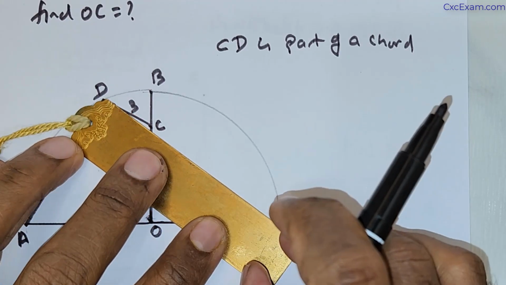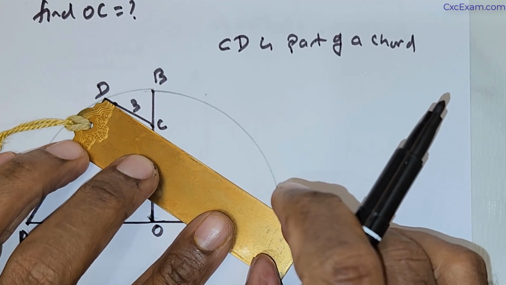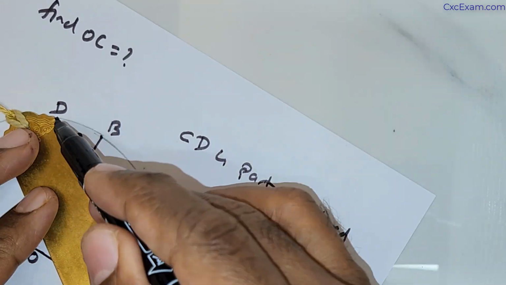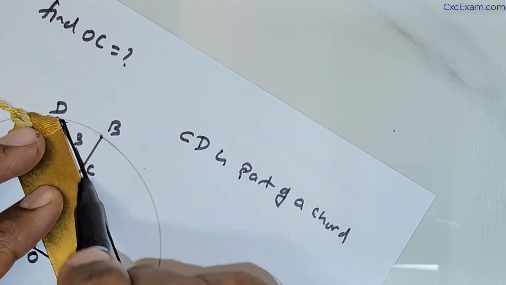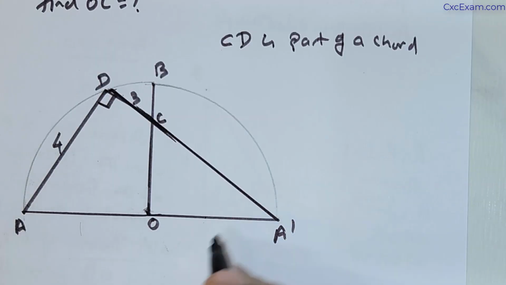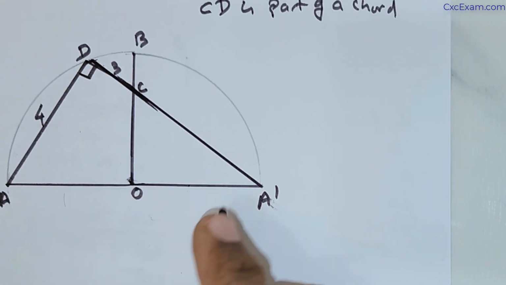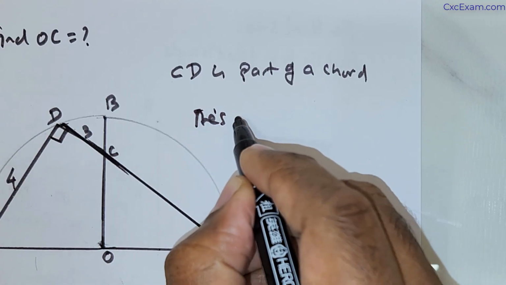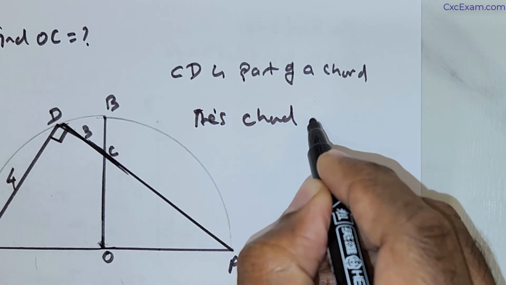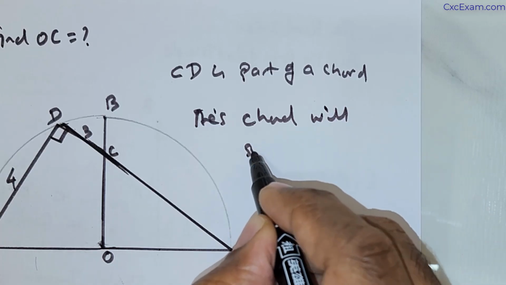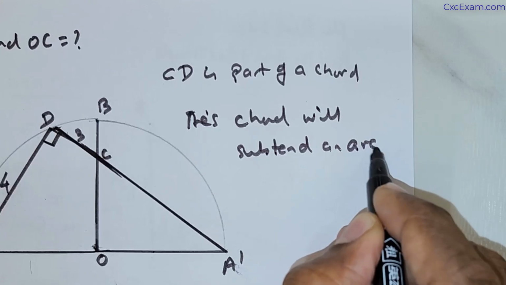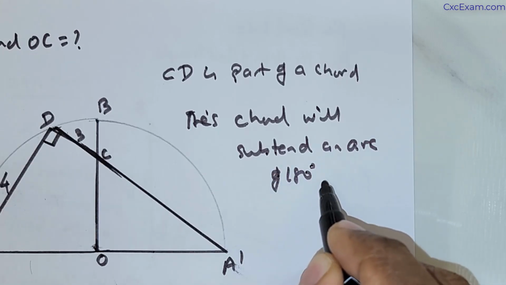So we have this. Now the idea is, if I were to extend this chord, then this chord will subtend an arc of 180 degrees.